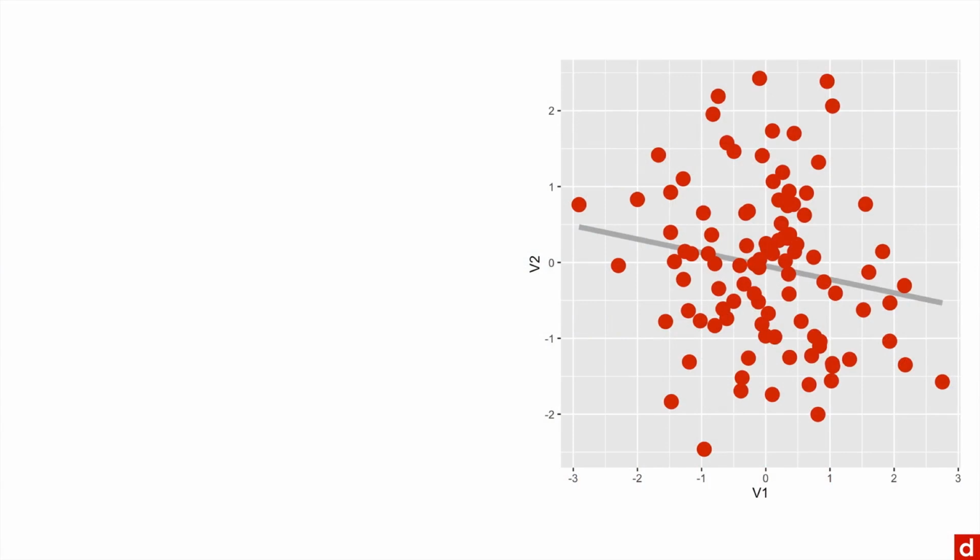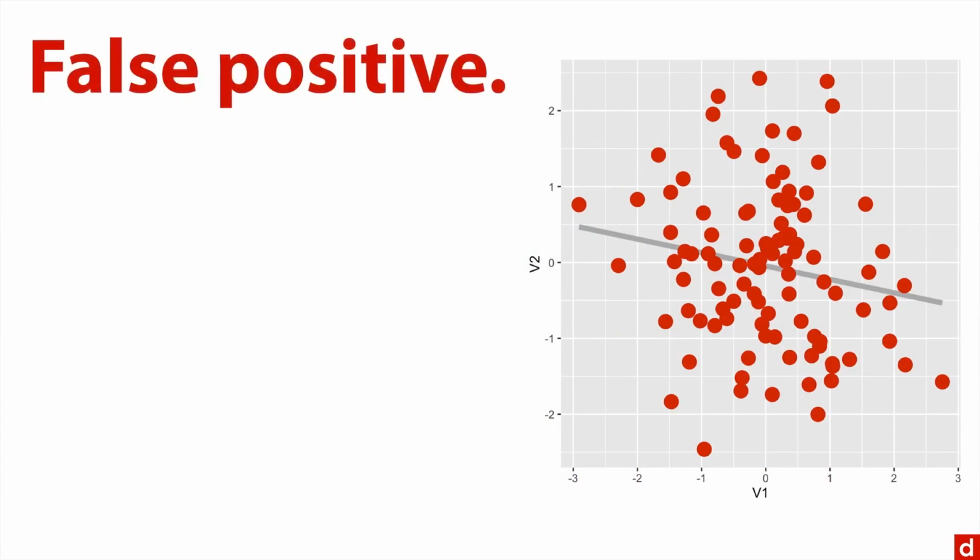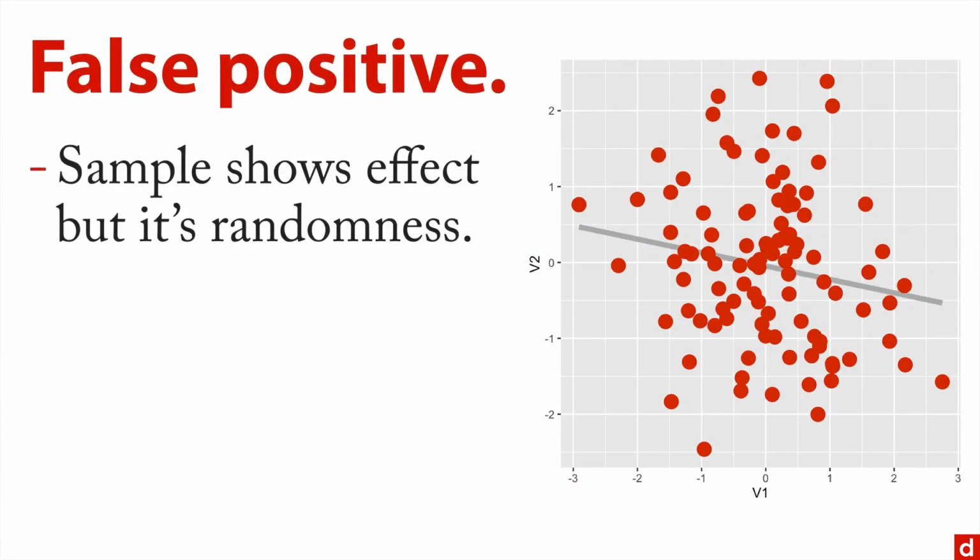The trick is things can go wrong. You can get a false positive. And this is when the sample shows some kind of statistical effect, but it's really randomness. And so, for instance, this scatter plot I have right here, you can see a little downhill association here, but this is in fact drawn from data that has a true correlation of 0. And I just kind of randomly sampled from it until I got this.